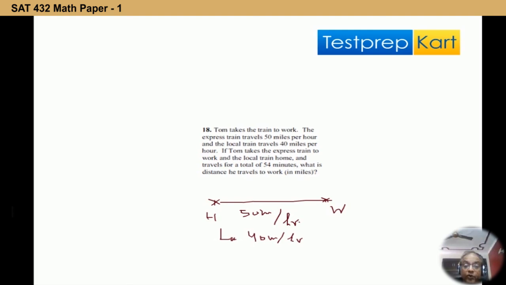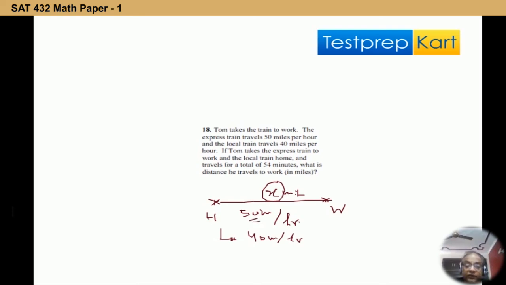So from home to work, suppose the distance is x miles. He is going from home to work x miles at 50 miles per hour.